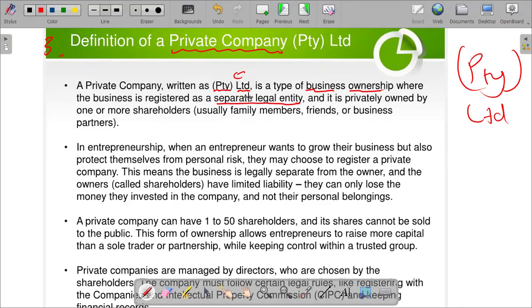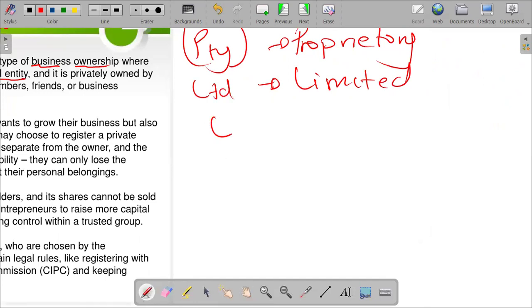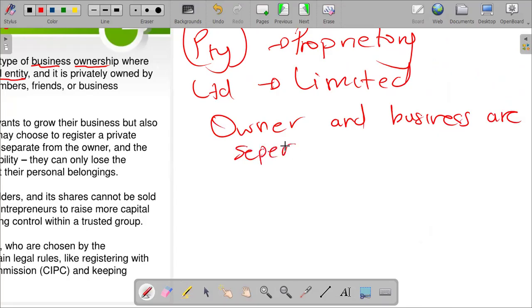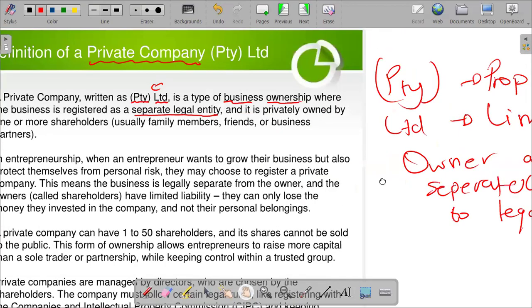In this case, it's a separate legal entity, meaning the owner and the business are separated when it comes to legal affairs. The business and the owner or owners are separated.